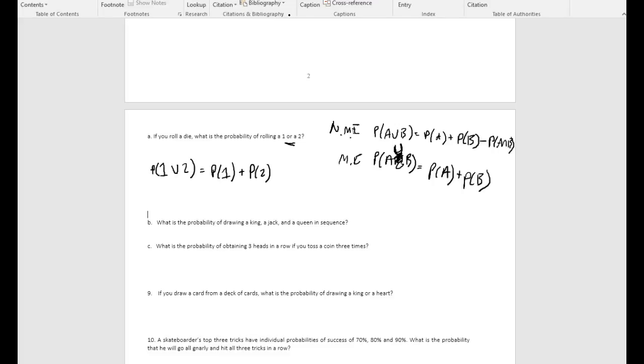And there's nothing to subtract off there. This is equal to 1/6, and this is equal to 1/6. So together they equal 2/6 or 1/3 or 0.33333333.